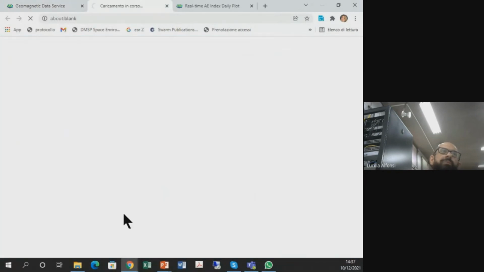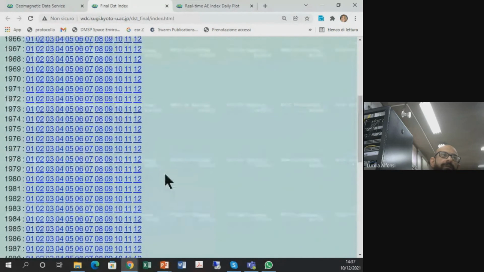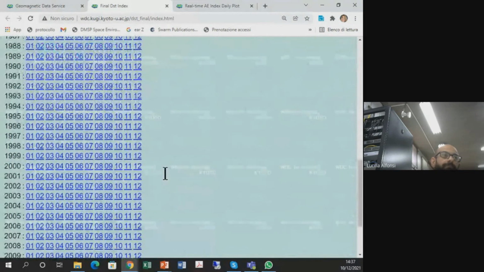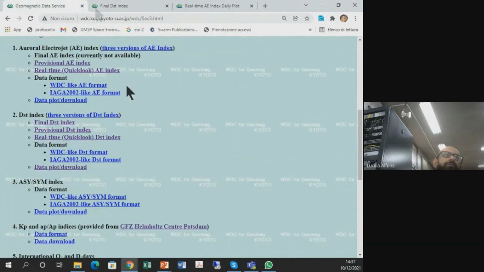For example, here we have the DST, and since a long time ago. So again, we can have a look. This is the validated data, so we have it till 2014, but we also have the pages related to the real-time data. So this one.